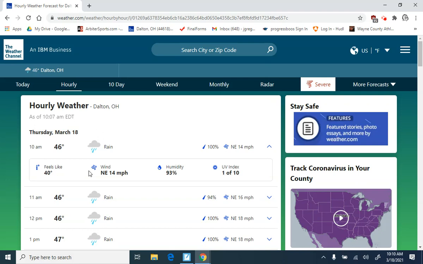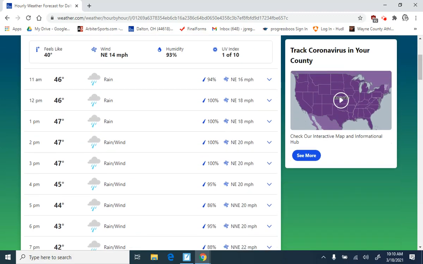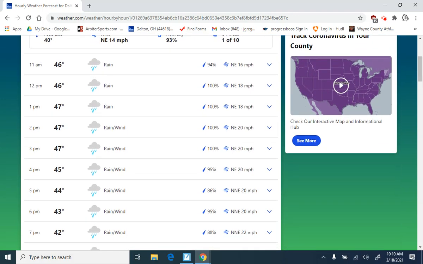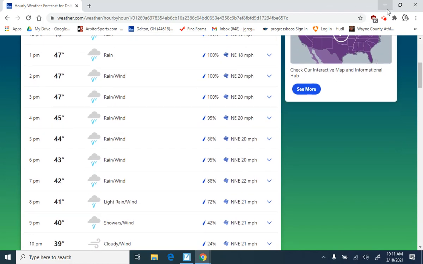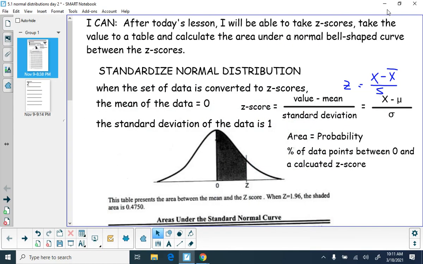So when there's a 100% chance of rain, that means the entire area is going to be covered in rain. The probability just tells you how much of the area is going to be covered in rain. 95% of the area, 86, it starts to diminish a little bit. So area is equal to probability.